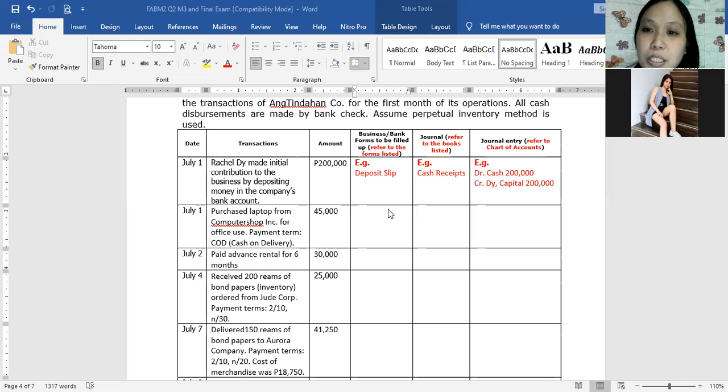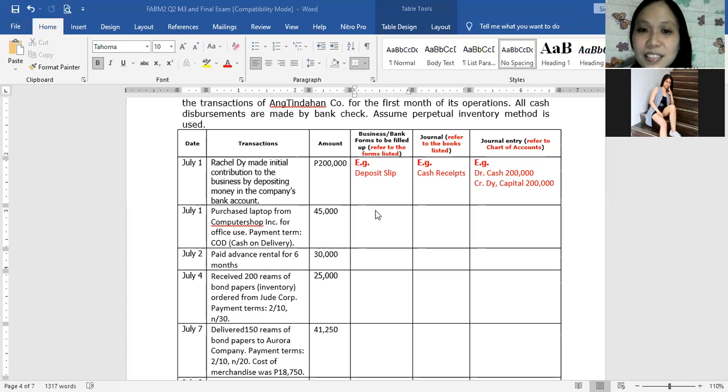Once the purchase order has been approved, they will give that purchase order to the computer shop company. The computer shop will decide what document to prepare; that is not our concern. Consider only your stand as the company. After you have approved the purchase order, what will you prepare next?